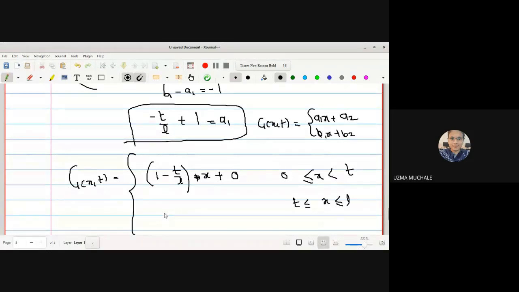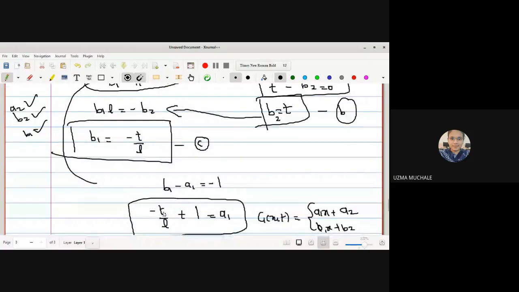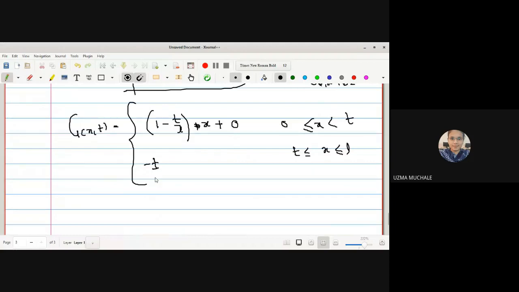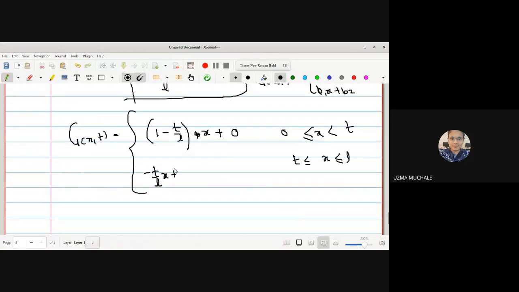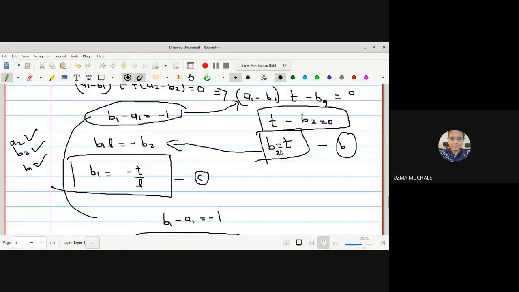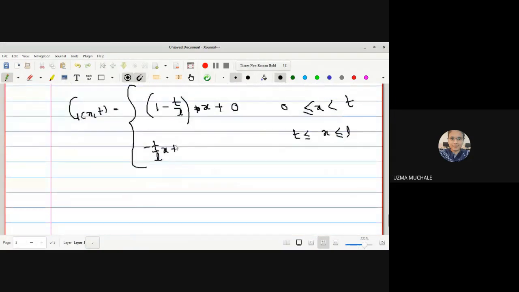B1 we have calculated, the value for B1 in equation C, you can see, minus T upon L into x, plus the next term B2. What is the value for B2? We have calculated it is T. And hence we can write this as 1 minus T upon L into x. This is G1. And if I take T common, we can write this as T times 1 minus x upon L in the provided interval.